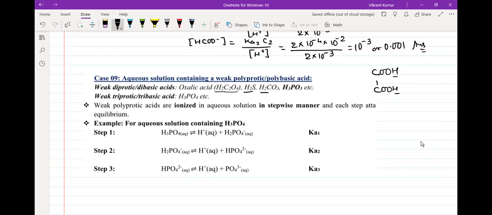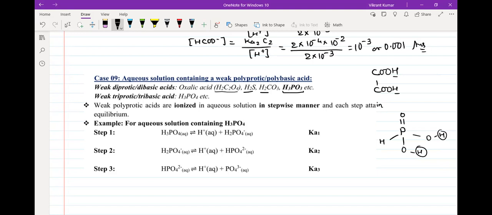Then there is the special case of H3PO3, in which we can see 3 hydrogen atoms, but only 2 of them are protic. I have given you this example earlier also. If you see the structure of H3PO3, it is like this. That's why we are saying only 2 hydrogen atoms are acidic, so even though H3PO3 has 3 hydrogen atoms, only 2 are acidic.